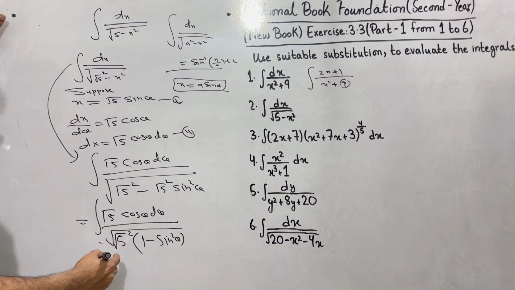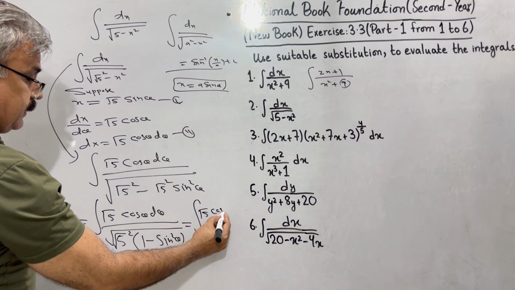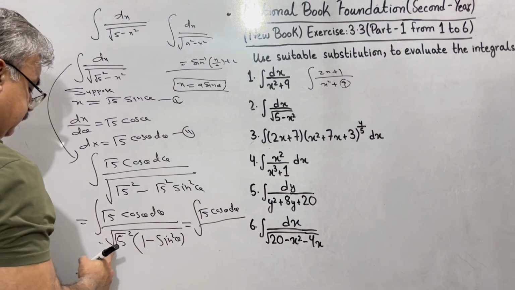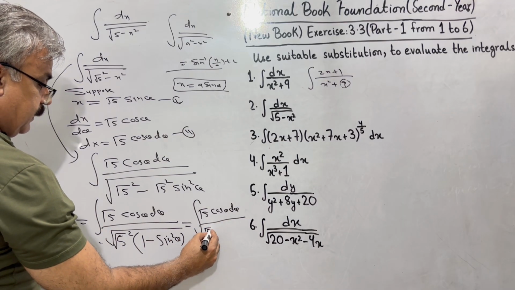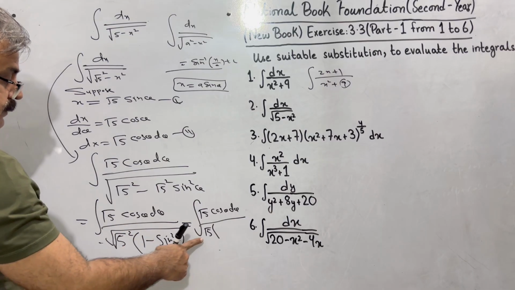The square root of root 5 square is only root 5. That is our root 5 outside the square root.